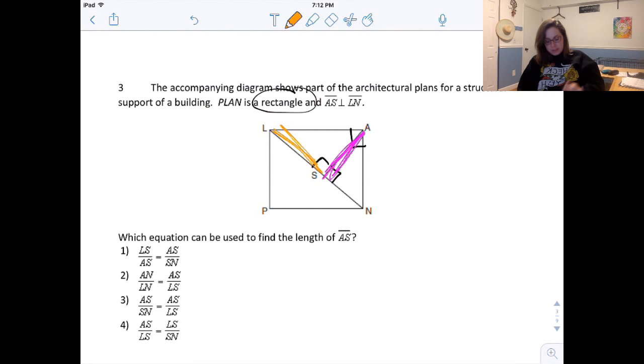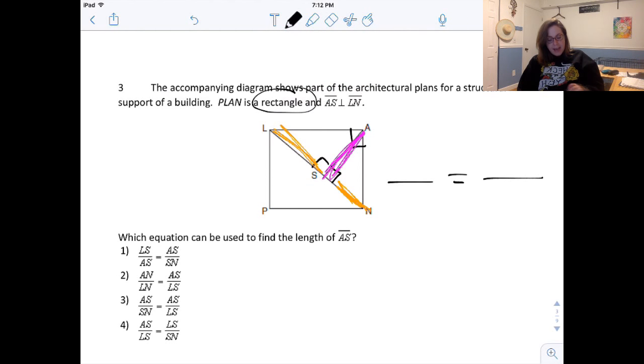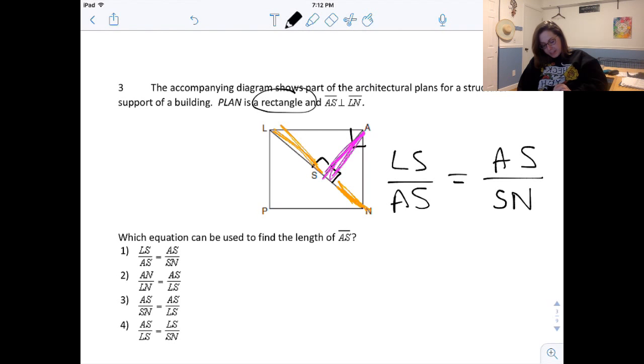It would be this piece and that piece. So let's set this up. I would have AS as the one that's repeating, and then the other 2 go in the other spot. So AS needs to repeat, and the only one that happens in is answer choice 1.